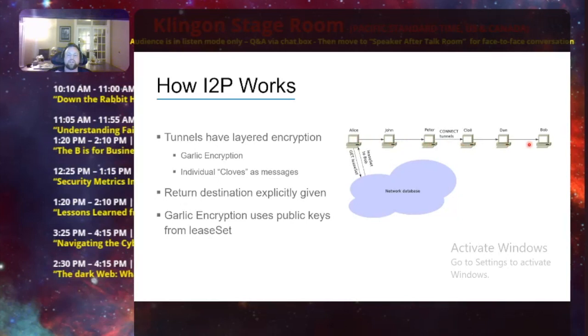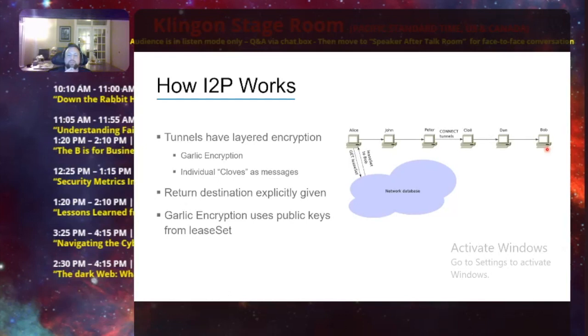If Alice wants Bob to be able to reply to the message, she is going to need to transmit her own destination explicitly as part of the message itself. So if Alice did not include a dedicated inbound gateway to reach back to her, Bob is going to have no way of communicating back to her.